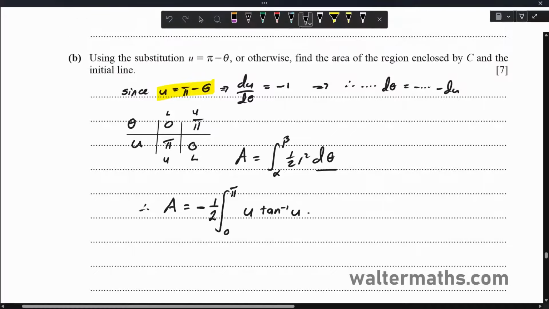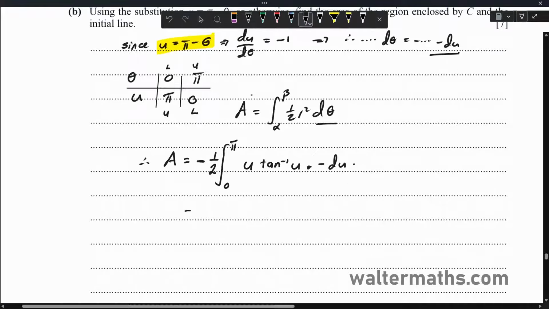And for d theta, we substitute that with minus du. So we have minus du. Essentially we have half of the integral from 0 to pi of u arctan of u with respect to u, because the negatives will give us a positive.